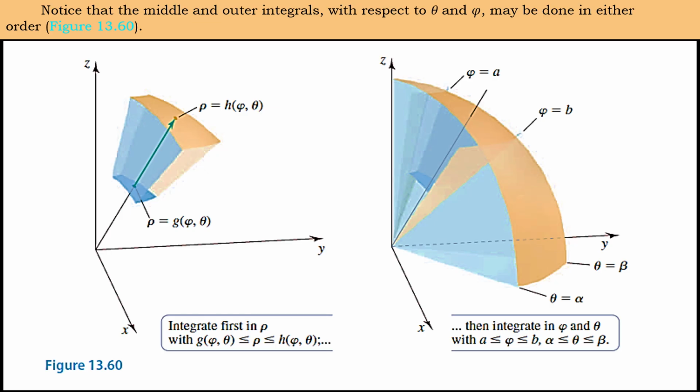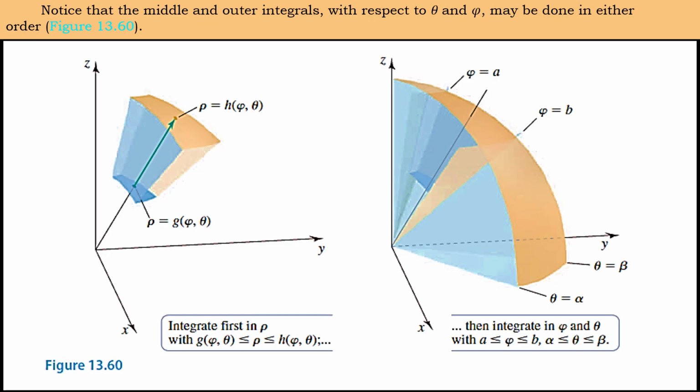In figure 13.60, we integrate first in rho, bounded by the function g of phi and theta and the function h of phi and theta.